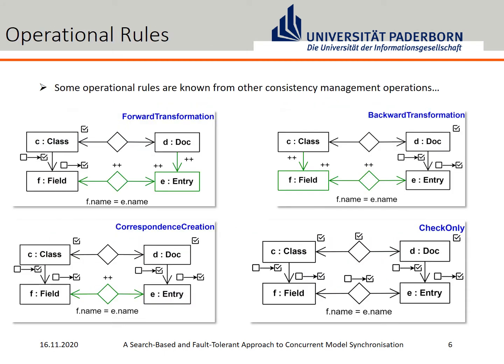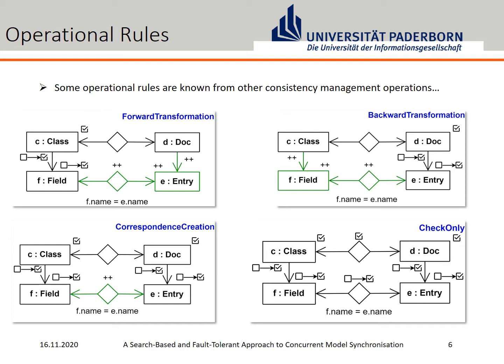Our approach is based on triple graph grammars, which are declarative by their nature. Therefore, in order to use them for transformations, they have to be operationalized. On the slide you can see 4 examples for operational rule variants for the rule field to entry, which relates fields and entries with equal names. In each operation, we assume that a class and a corresponding document already exist as context.